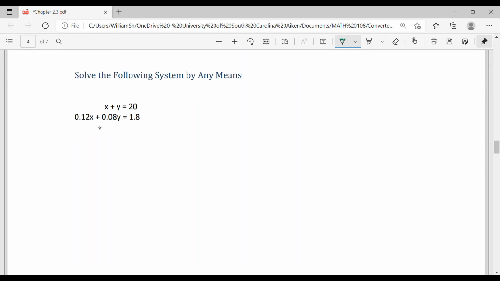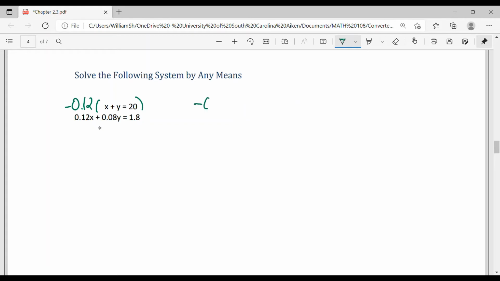So what I'm going to do is something a little different than what we did in the last setup. I'm going to multiply everything by negative 0.12. You can multiply it by positive 0.12 and then subtract it if you want to. I'm just going to show you how you can do it this other way and multiply by a negative straight out.